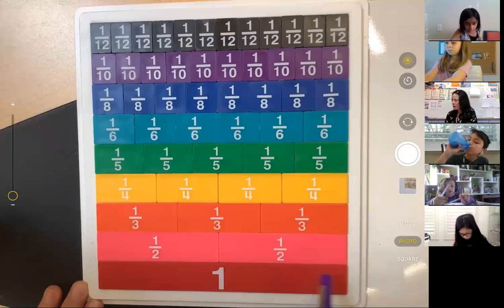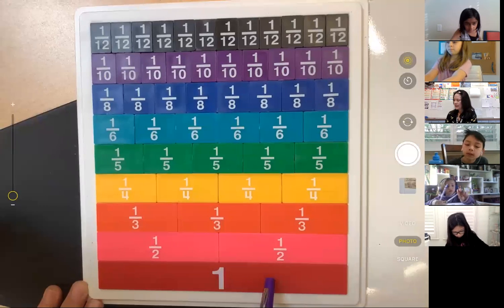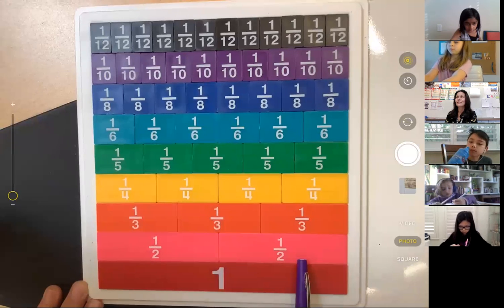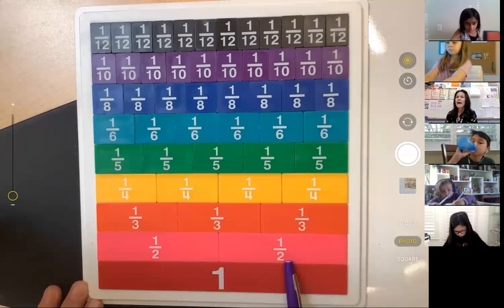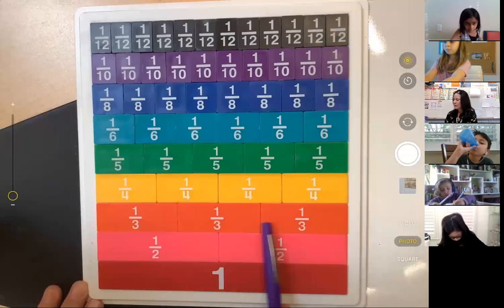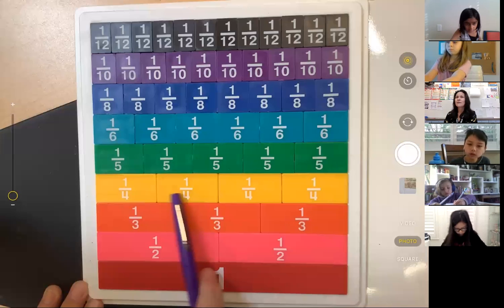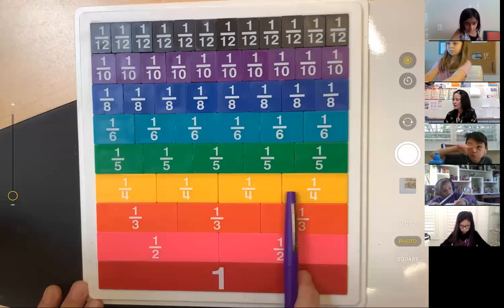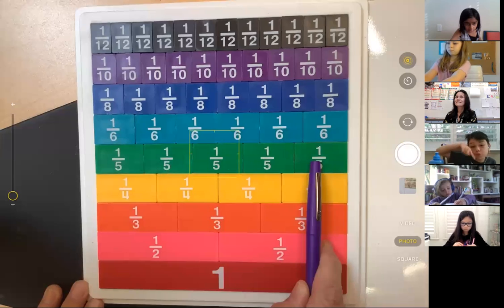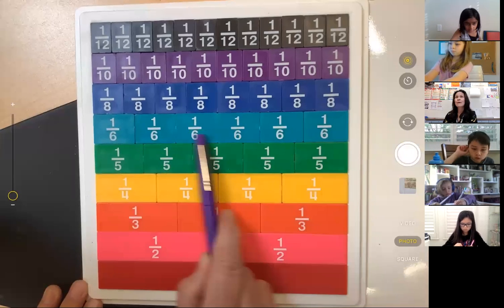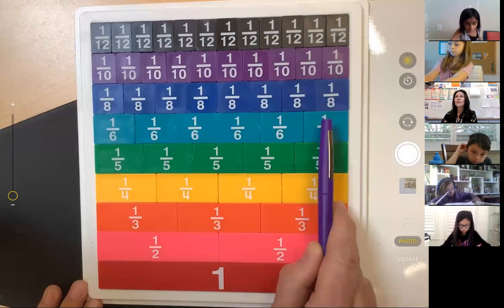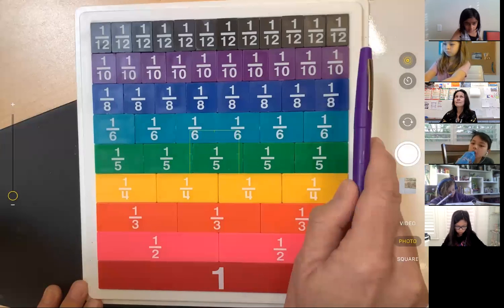This one whole can be broken up into 2 parts. This should look familiar, 1/2, right? And this whole can be broken up into 3 parts, or into 4 parts, or into 5 parts, or into 6 parts, or 8, or 10, or 12.